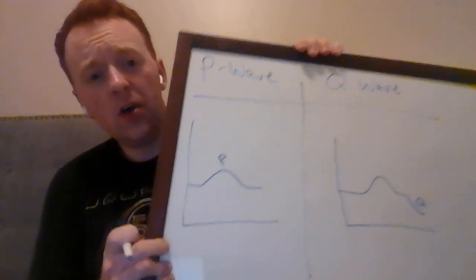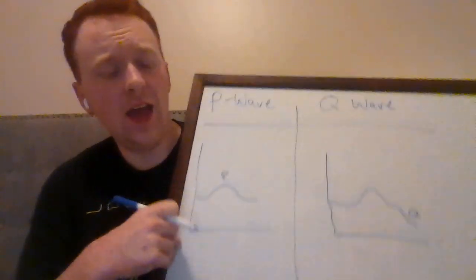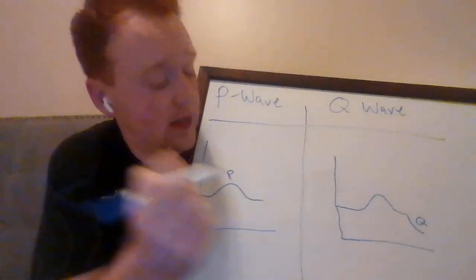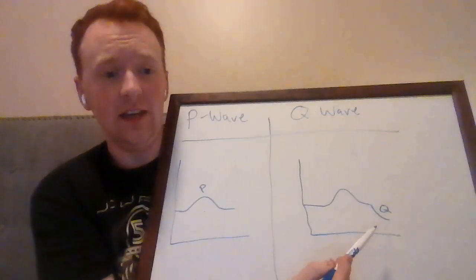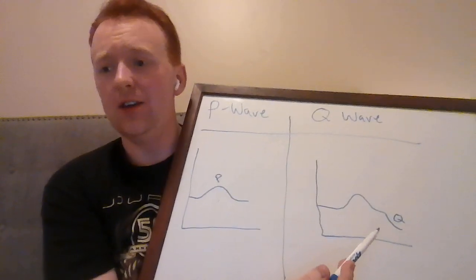So the P wave we can draw out, and the Q wave. These are the two that we were going to talk about. During an ECG tracing, this is the P wave and this is the Q wave. That's kind of what they look like.